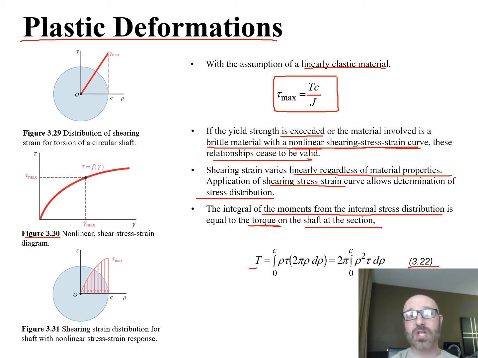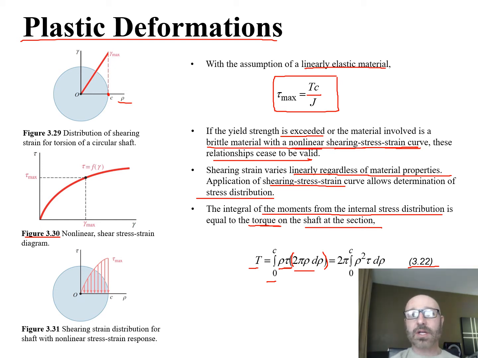So the torque on the shaft at the section is equal to the integral from 0 to c. As we go back to our diagram, we can see that c comes out to the outer radius, the outer edge of the circle. That is times our rho, times our tau value for the shear stress, times 2 pi rho d rho. So we can pull our constants out of the integral.